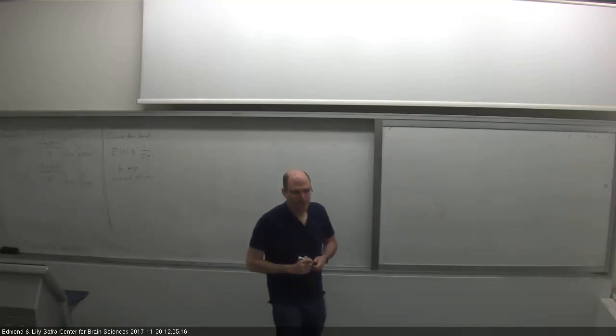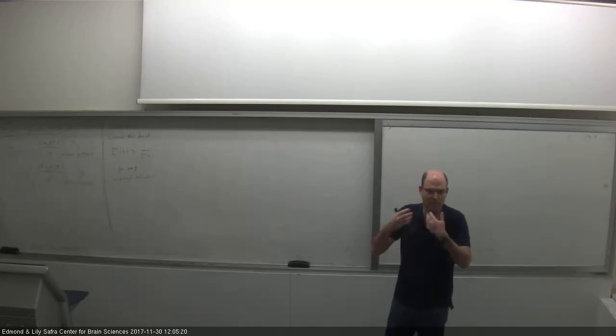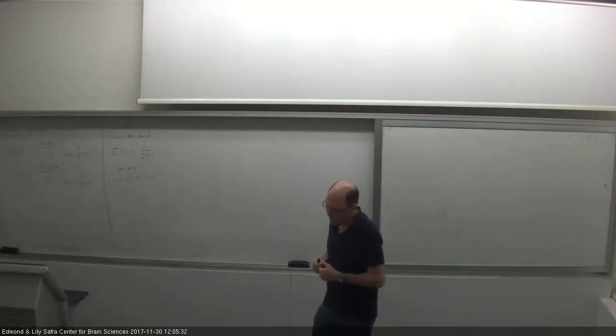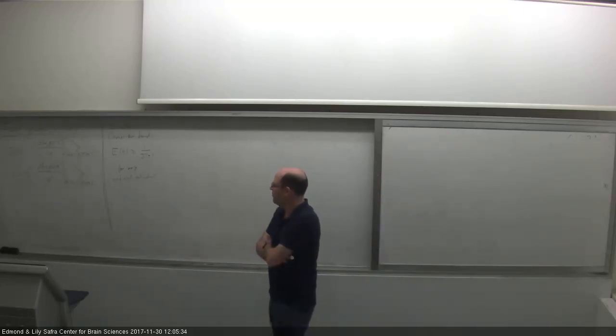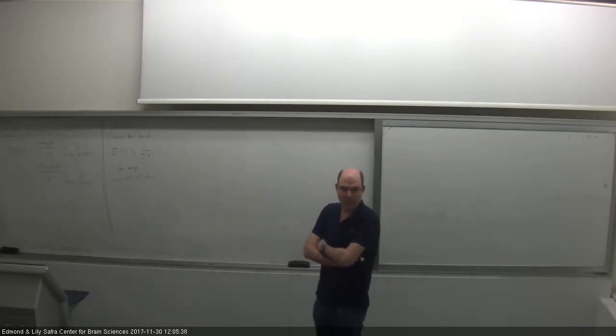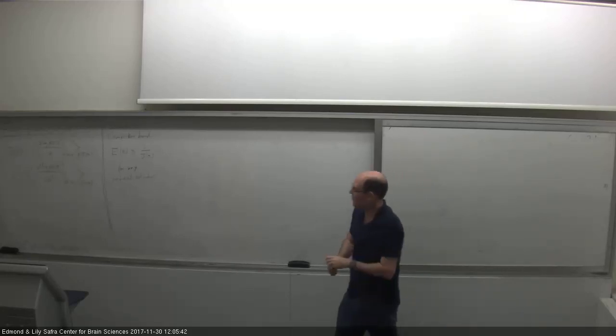And moreover, we discussed the fact that when the observation is the sum over many independent observations, this bound becomes saturated. This 1 over J becomes the mean square error of an optimal estimator, which in this case is simply the maximum likelihood estimator.